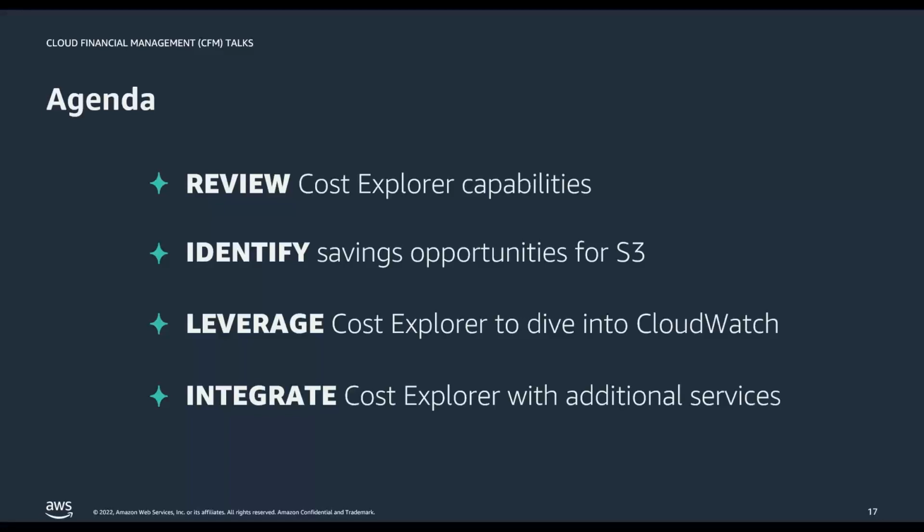We took a look at CloudWatch and again applied contextual knowledge about how the service is consumed and ways to save with CloudWatch to analyze the portfolio of spend, identify where something could be the potential, and then went into CloudWatch to see how we could affect that change. We then looked at, in the last bit, how when you start layering in all of the different service opportunities with things like anomaly detection, AWS budgets, cost categories, those are all services that integrate natively with Cost Explorer.